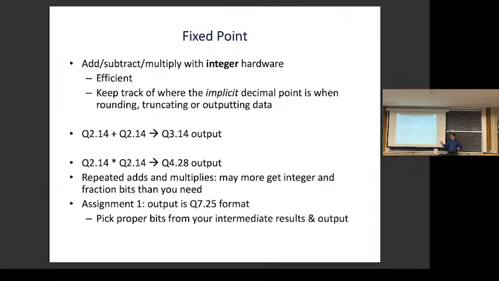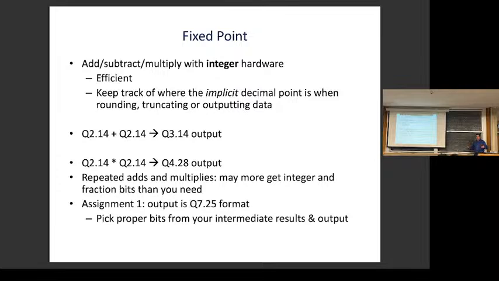So for example, if I take 2 of these fixed point numbers, 2 integer bits, 14 fractional bits, and I add them, I could get up to 3 integer bits, right? Just like when I add 2 16-bit numbers, I could get a 17-bit output. So this is the same as integer. My decimal point didn't move. I just remember how I should interpret those 17 bits.